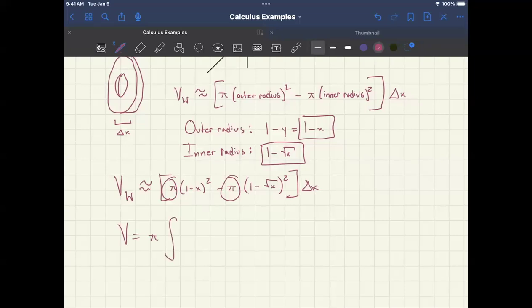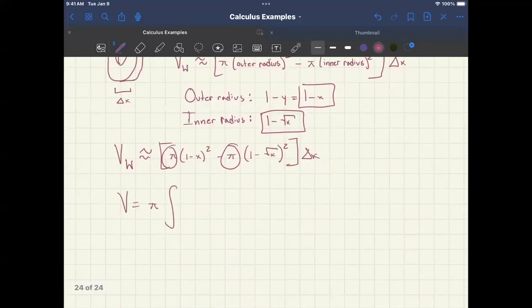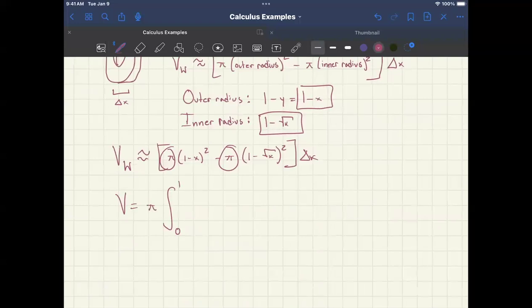We also need to know where this point is where these two functions meet. That's when square root of x equals x, in other words, x equals 1. The other place is obviously x equals 0. So we're going from 0 to 1, with (1 minus x) squared minus (1 minus square root of x) squared, and that change of x turns into a dx.